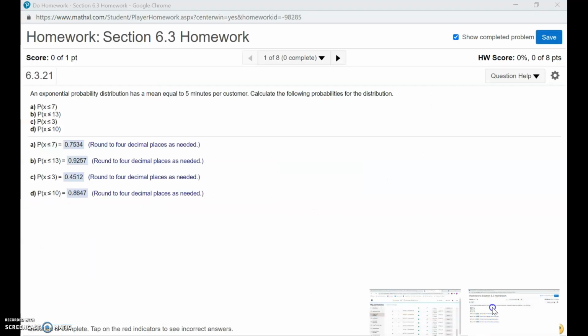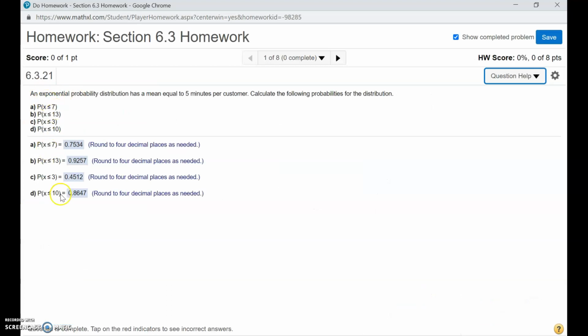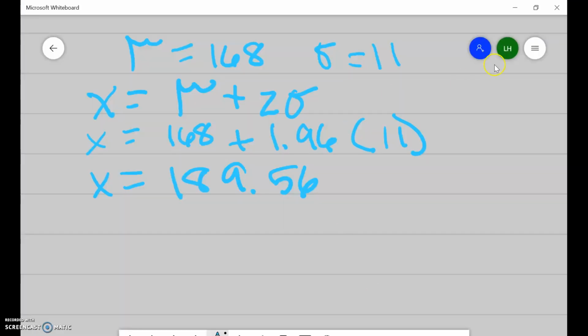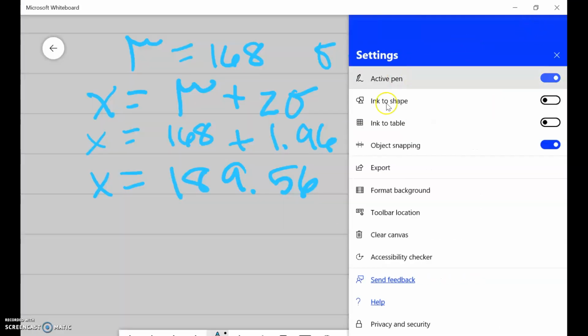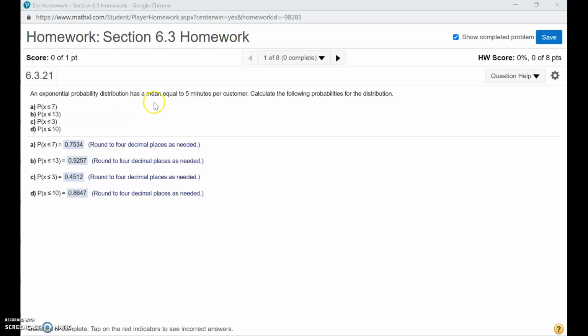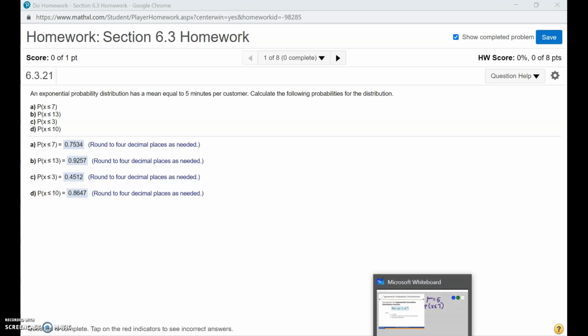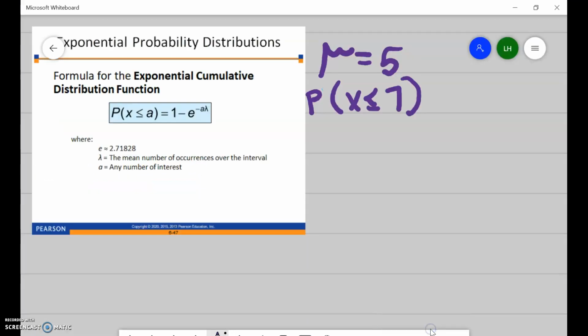So let's look at our first problem here. All these are less than or equal to, so I'm just going to work the first one, which is 7. So I'm going to clear this and copy our formula over. In this problem, the mean is equal to 5 minutes per customer, and we want to know the probability of X being less than or equal to 7.